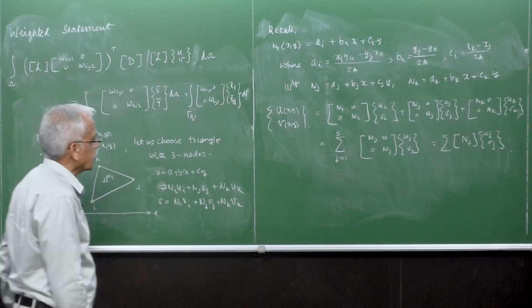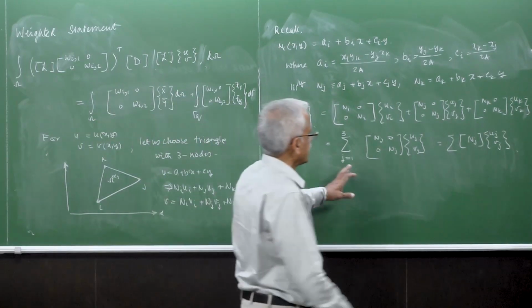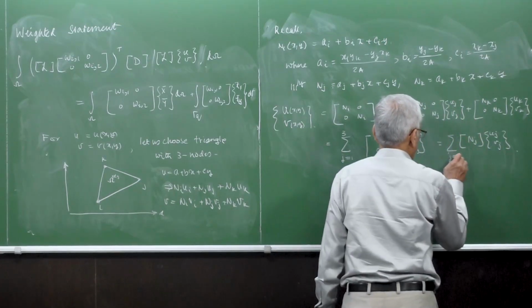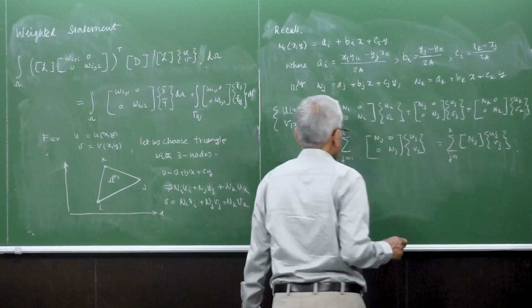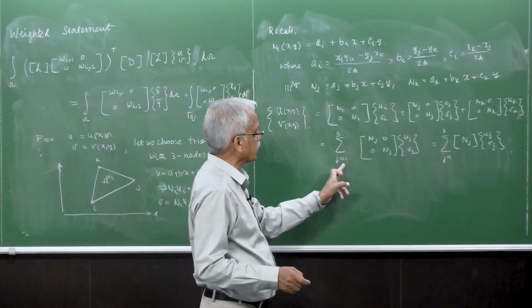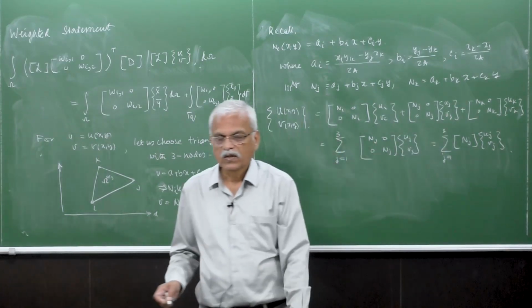Okay. So now, having said that, the displacement approximation: I'm writing it 1, 2, 3, but essentially it is i, j, k. So j is of course taken as a dummy variable, but it goes over the i, j, k nodes.